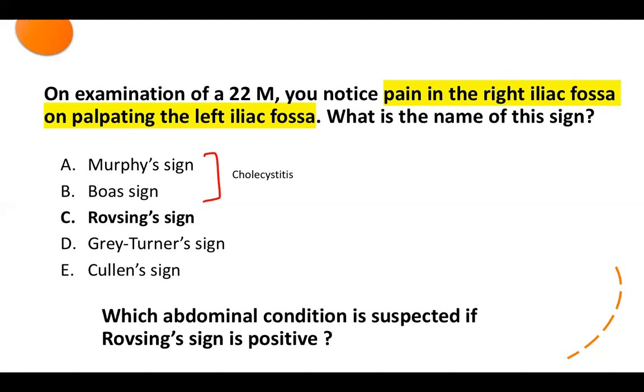Yeah, so appendicitis is what you'd be suspecting if the sign is positive. And do you guys know of which particular point in the right iliac fossa would be the most tender if someone does have appendicitis?